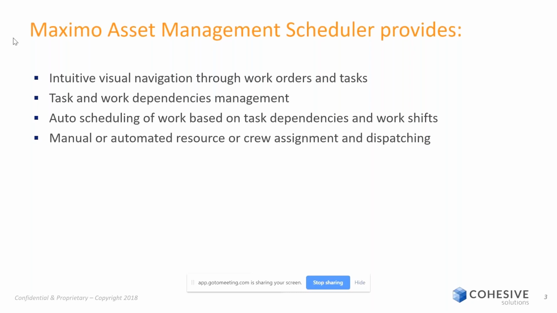One of the bonuses with graphical scheduler and graphical assignment is that you get this visual navigation tool. So it's rather intuitive and shows you the work orders and the task. We'll look at that in just a few moments. You can also have your dependencies between tasks within a work order defined in your job plans, or you can also visually set up those dependencies within the graphical scheduling application.